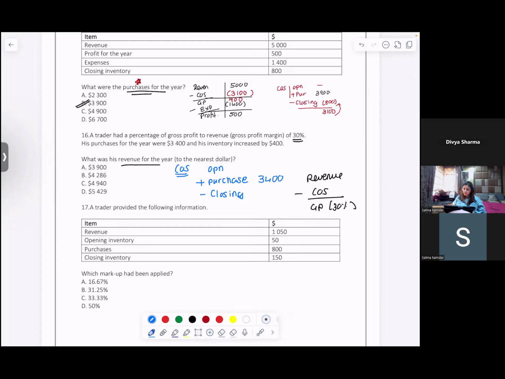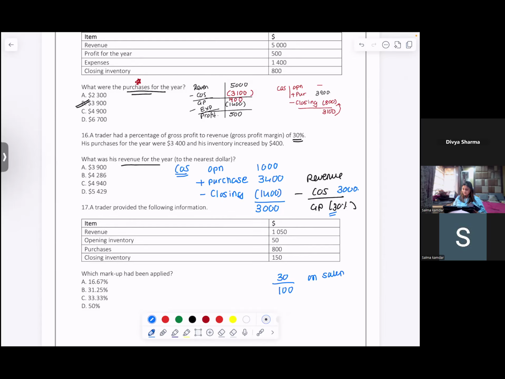So if the opening was 1,000, the closing would have been 1,400. So 3,400 plus 1,000 minus 1,400. Cost of sales is 3,000. Now I have gross profit that is 30% on sales.